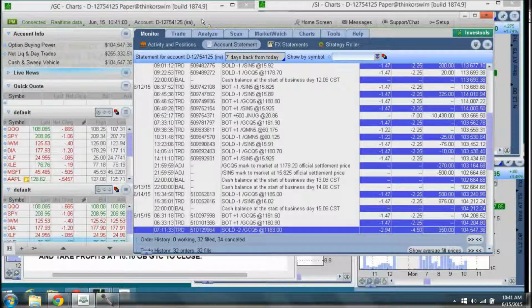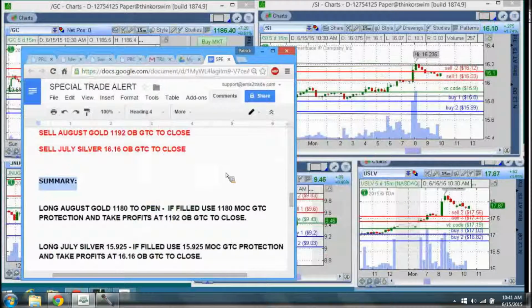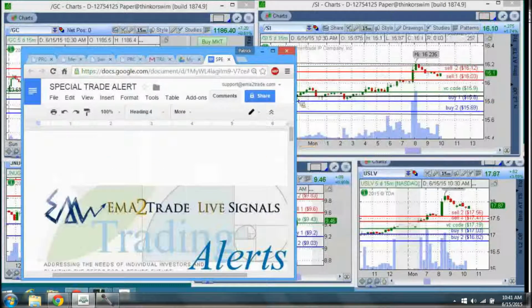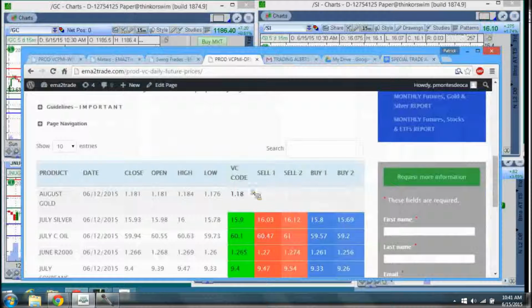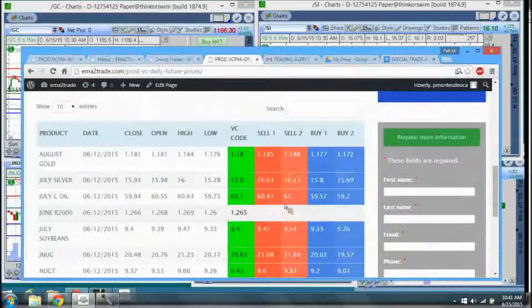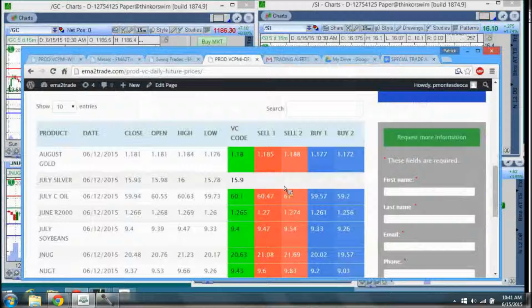Now, this report gave you the swing trading algorithm, and you do have access to the daily algorithm that you get during the same time frame by 7 o'clock Pacific Standard Time.